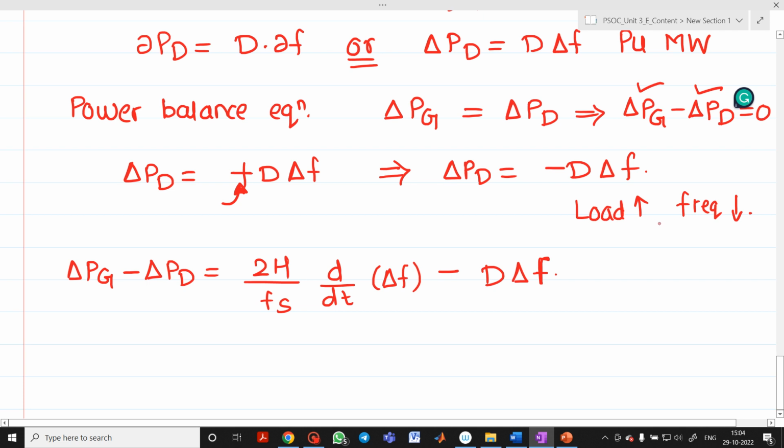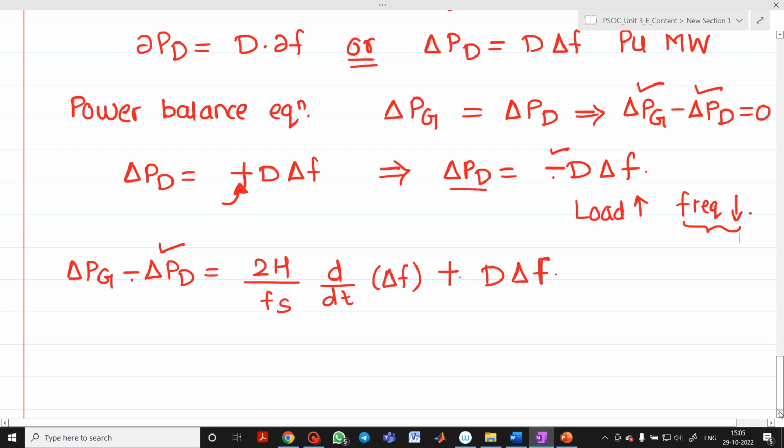That is, the relationship between load and frequency is inverse. So that's why the sign is negative. If it is negative, then ΔPD equal to minus D ΔF. If you substitute here, this minus becomes plus. I think you understood why we have taken the minus sign. The simple reason is that as the load increases, there will be a decrease in the frequency, or we can say the change in the frequency will be in the opposite direction.